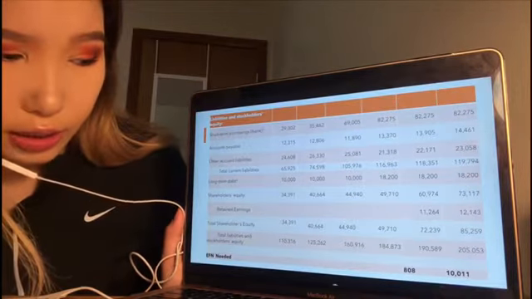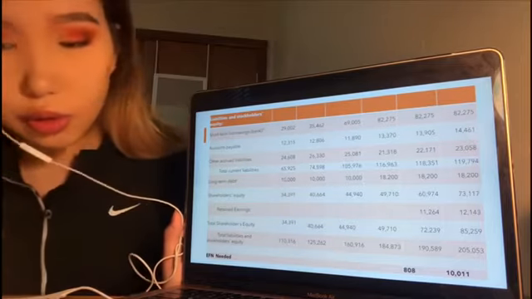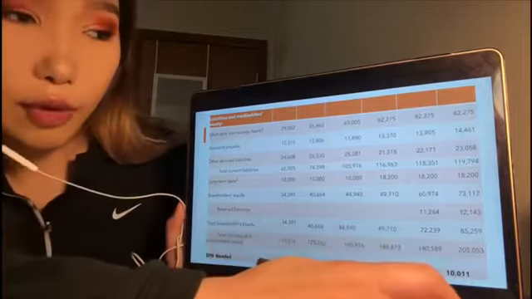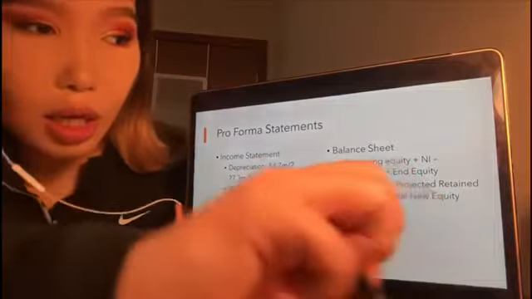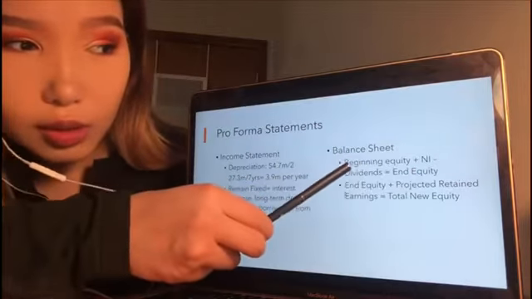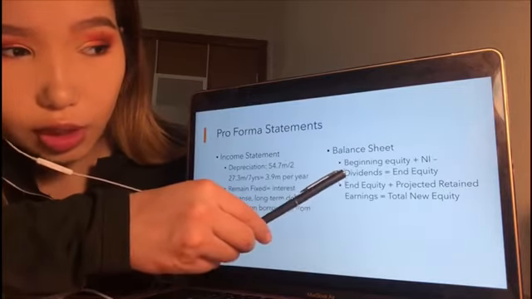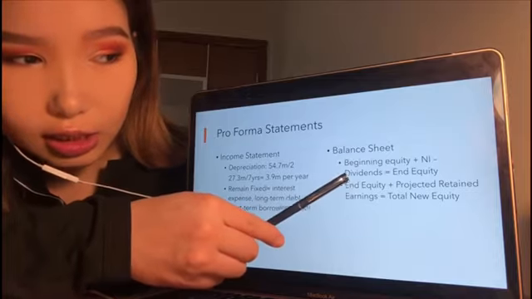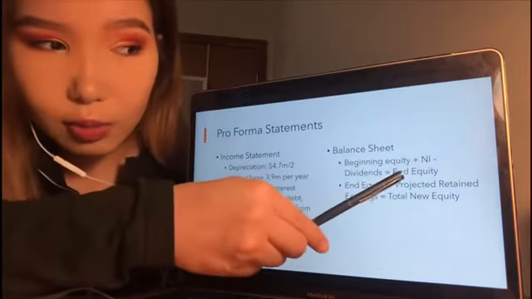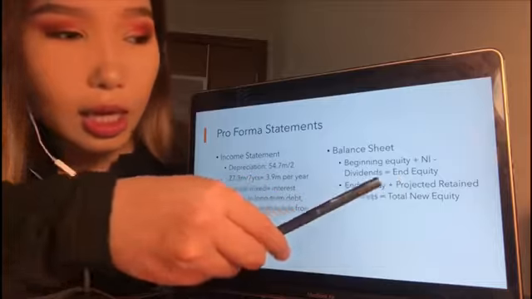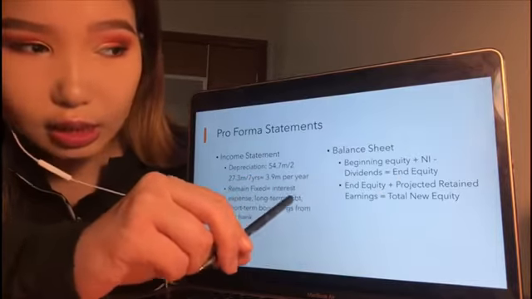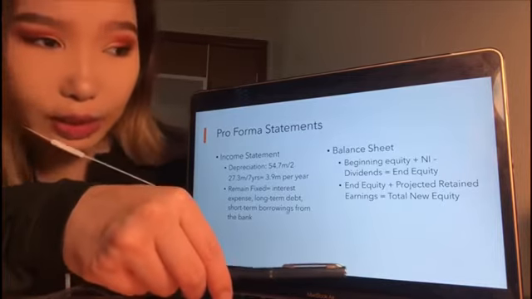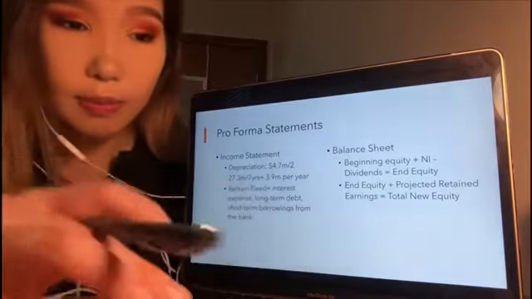As for shareholders' equity, I used this formula over here: beginning equity plus net income, minus the dividends, and I ended up with the end equity, and then from that I added the projected retained earnings, and that's how I came up with the new equity.